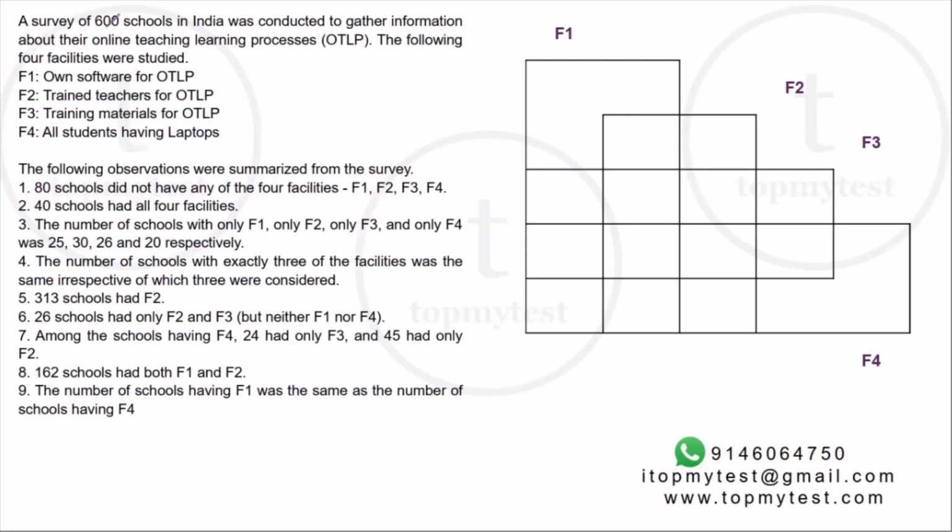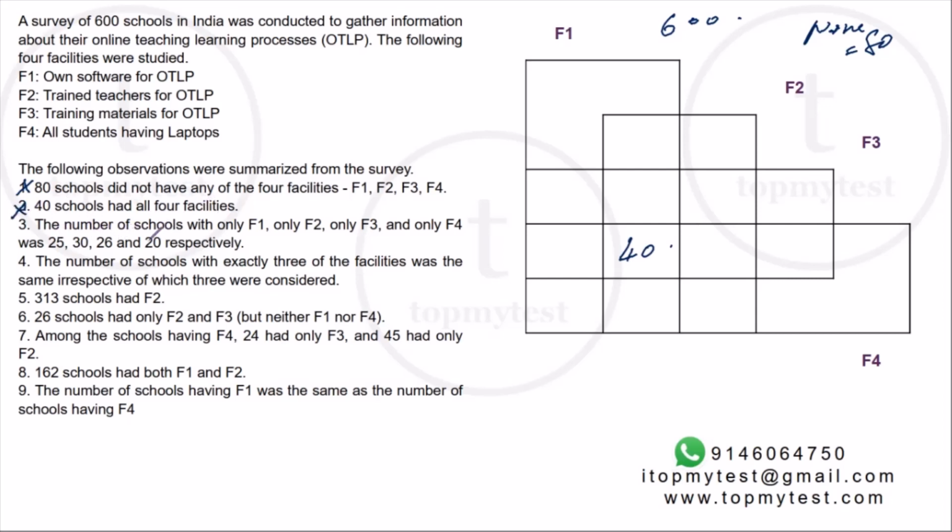First one says, so the total is 600, right? 80 schools did not have any of the 4 facilities. So none is 80. Okay, so the first one is taken care of. 40 schools had all 4 facilities. So all 4 is 40.